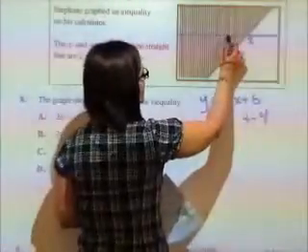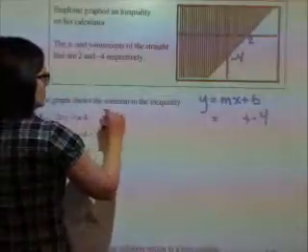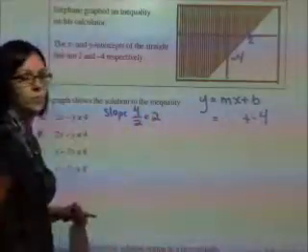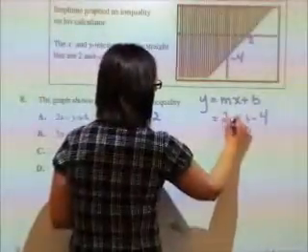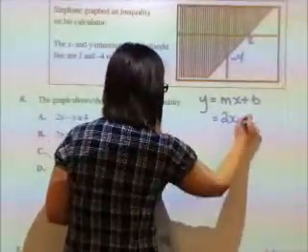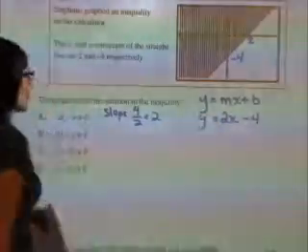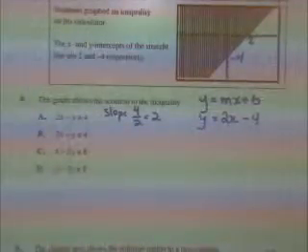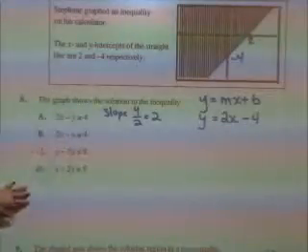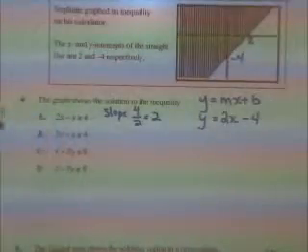I have a rise of 4 and a run of 2. 4 over 2 gives me a slope of 2. So I get 2x minus 4 equals y.